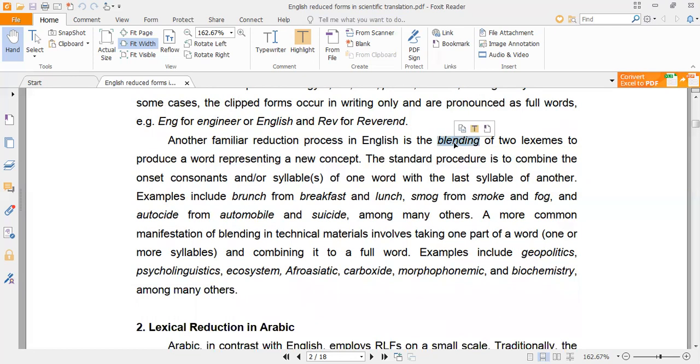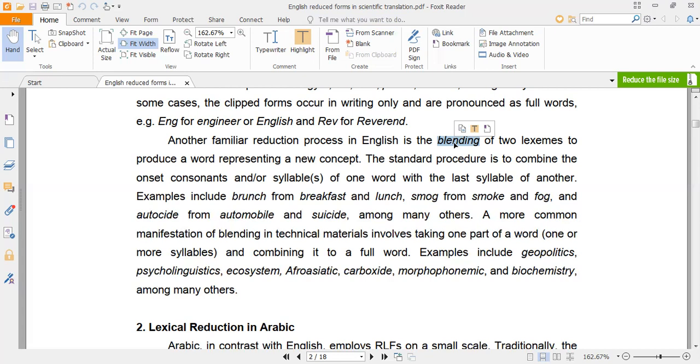Now, blending is also a process of word formation, but it includes shortening the word or shortening the phrase, and introducing a new word which is lexically similar and identical to the original one. Blending means taking the initial syllable from the first word and the last part, or the last syllable, from the second word.